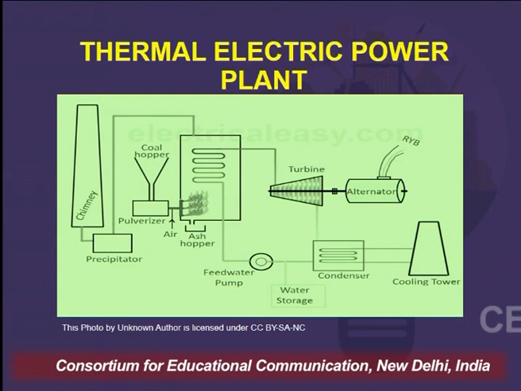And this is a schematic diagram showing the thermal electric power plant where the coal is fed, and through a series of machines, turbines, alternators, and ultimately the hot water which is so generated is run through cooling towers and electricity is thus generated.